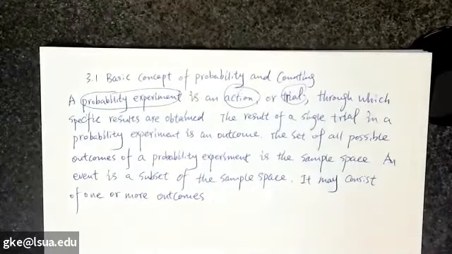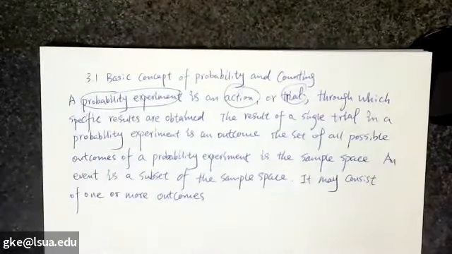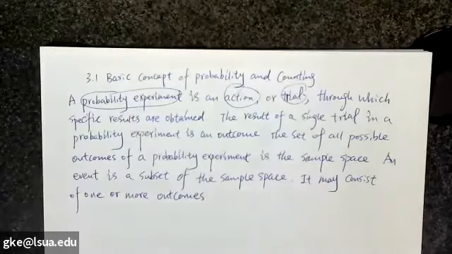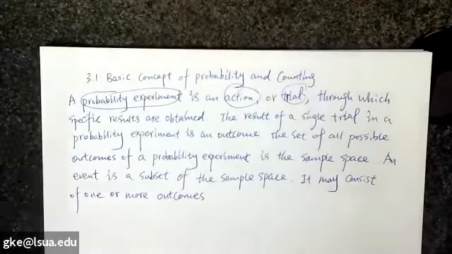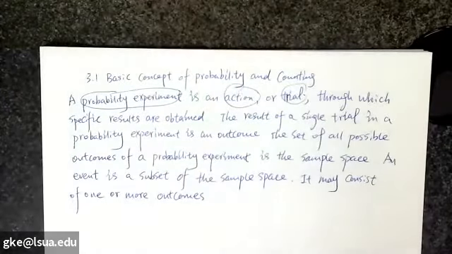So for probability experiments, we did a lot of things, like we throw the coin, head or tail. When you watch the NFL at the beginning, two teams play the coin toss, right? You can choose head or tail. And that's a probability experiment.